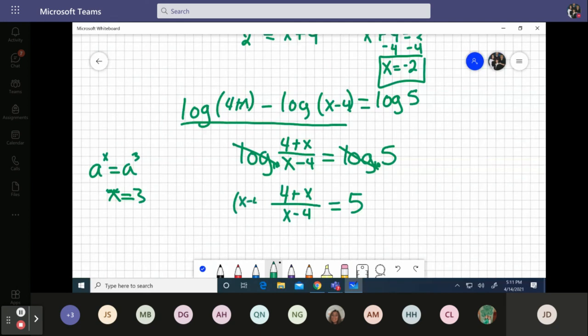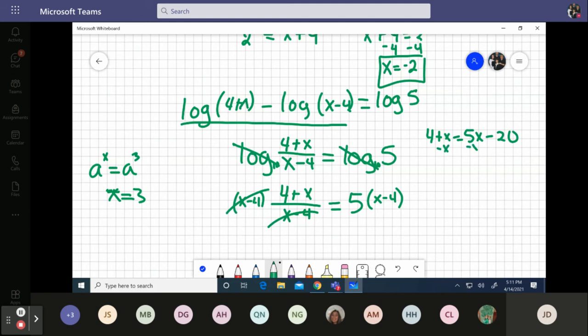Multiply by x minus 4. And 4 plus x is equal to 5x minus 20.